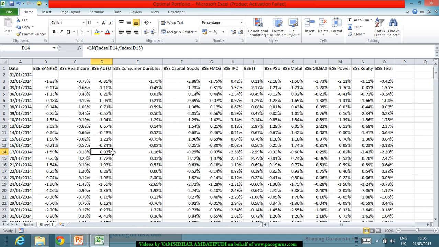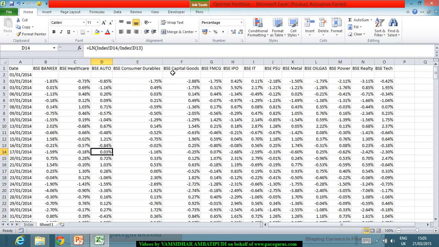Now I want to invest some amounts in each one of them. So probably let me call whatever I wanted to invest in these 14 sectors, I'll call it as W1, W2, so on, W14. So I am taking this as one vector. Whatever are the weights that I want to invest in each one of them.